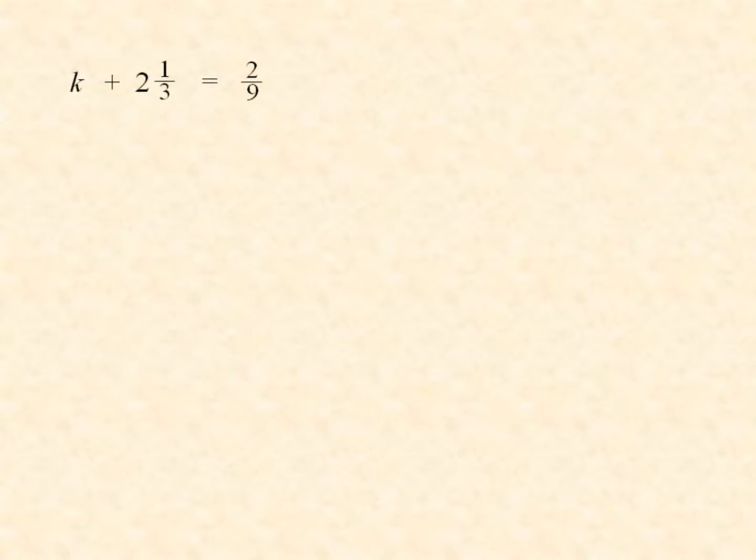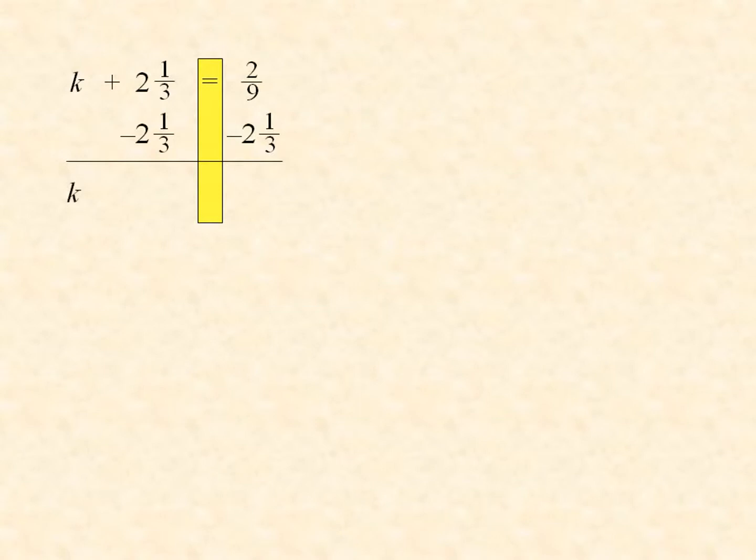Here we have k plus 2 1/3 equals 2/9. Again, we identify the two sides of the equation. We want to get rid of the 2 1/3 on the left, so we add negative 2 1/3 to both sides. The left side is then k, and the right side takes some work. We have 2/9 plus negative 2 1/3, 2/9 minus 2 1/3.